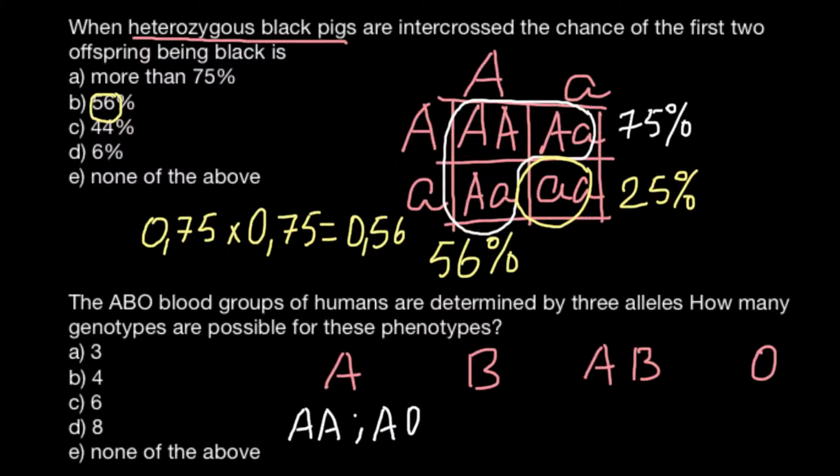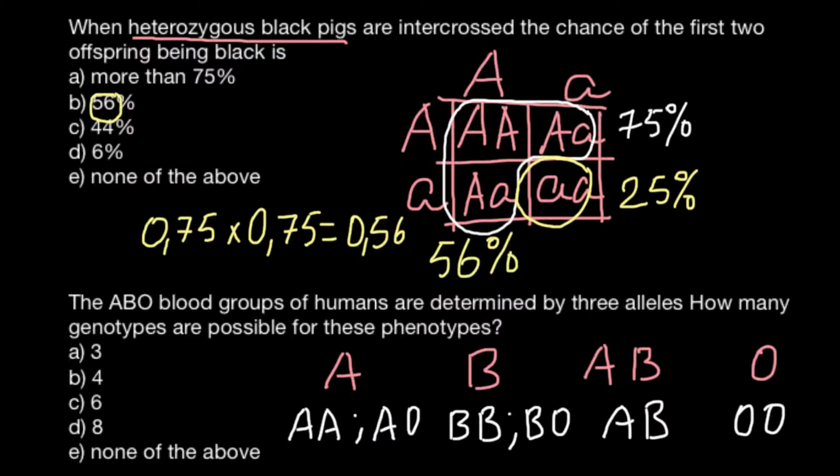Blood group B can be made by alleles BB and BO. So once again, 2 genotypes make this phenotype, and phenotype AB can be made by the genotype AB, so only one genotype makes this phenotype, and blood group O can be made by only one genotype, that is OO.